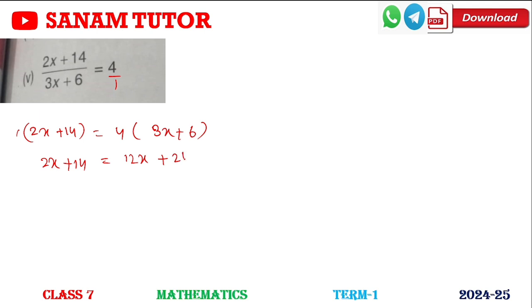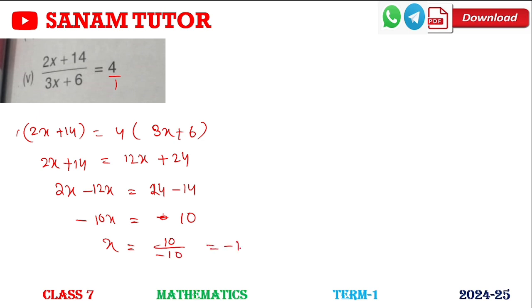Now arrange: 2x minus 12x is equal to 24 minus 14. Here is minus 10x equal to plus 10. So x equal to 10 by minus 10 equal to minus 1 is the correct answer.